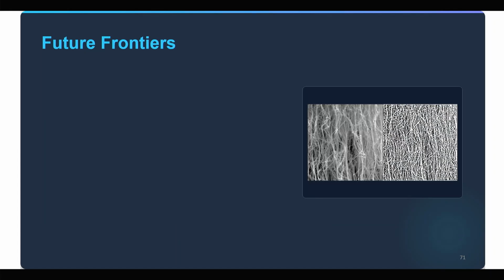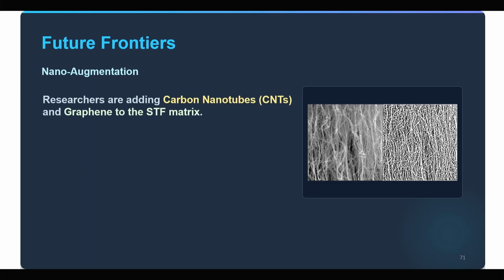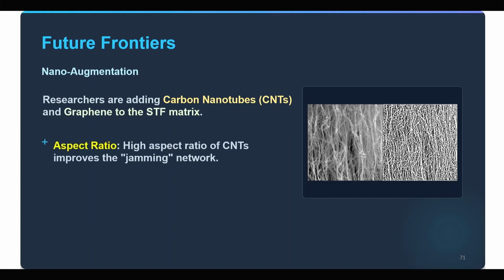In future, nano augmentation is possible, where we can use nano fibers like carbon nanotube and graphene. We can add them with the STF, shear thickening fluid matrix.